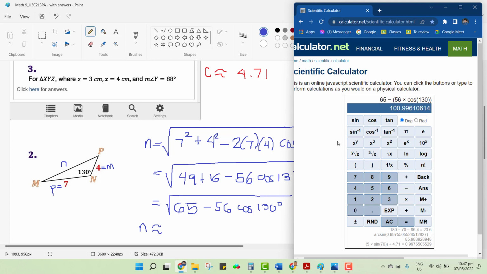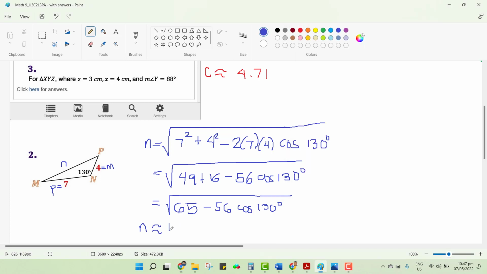That's for the radicand, 65 less 56 times cosine 130. You have here equals. Whatever is the value of that, you simply take the root of the answer. Round it off into two decimal places. We have 10.05. Right? This is the value for the length of n.